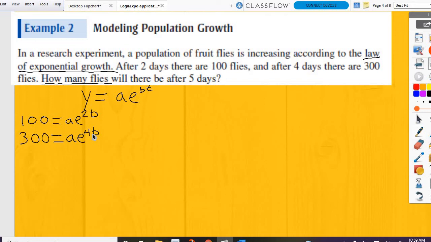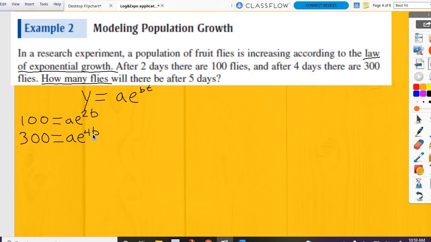Elimination. Graphing. And matrices. Okay? We probably don't want to use graphing or matrices on these because it's not going to turn out very pretty. Technically, we could do elimination. It's just not going to be very pretty because we have things that have e's in them. Alright, so the easiest method in this case is going to be to use substitution.